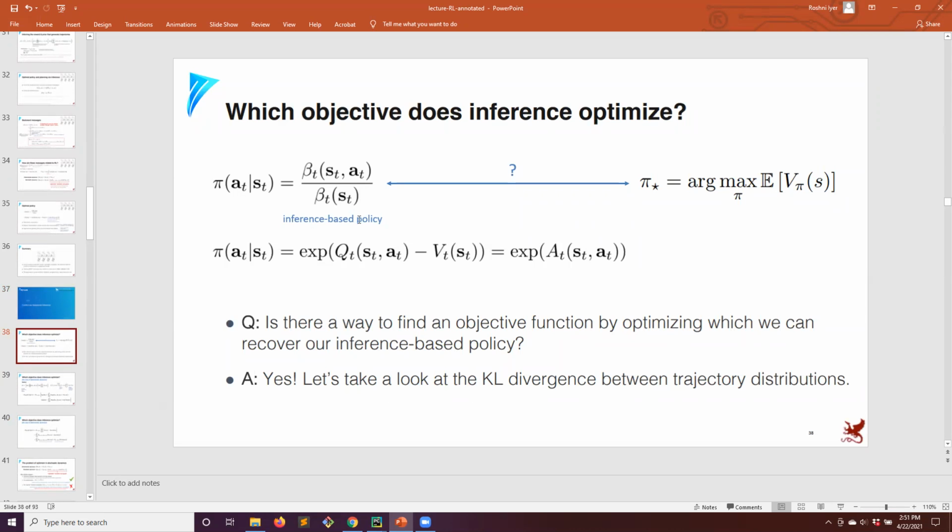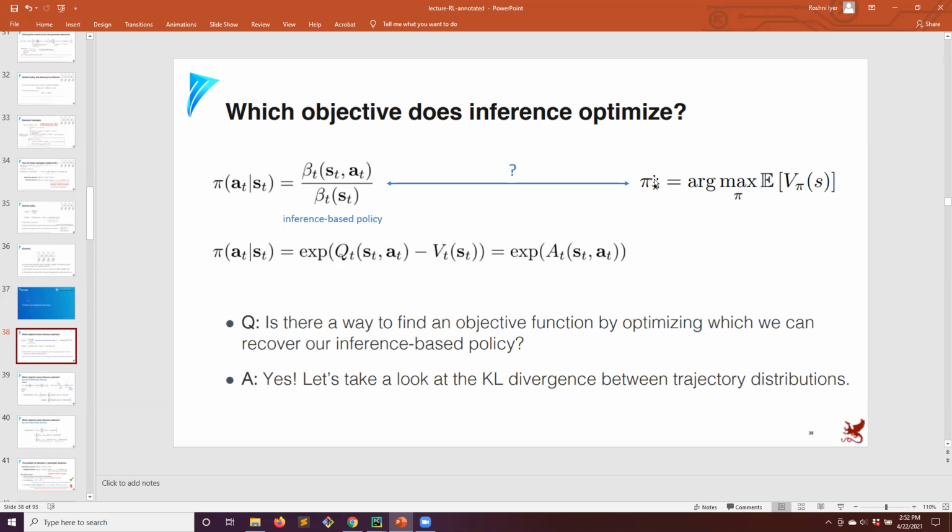So this we just saw, we define the policy in this way. And this is what we call the inference-based policy. And we just discussed this, where we can rewrite it in this way with the exponential of the Q function minus the V function, which we call the advantage function.